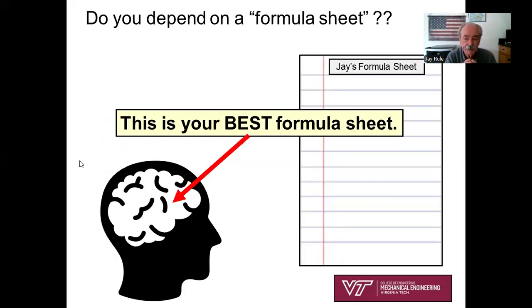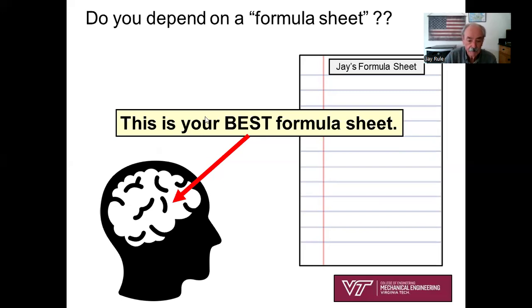Another thing you might have picked up on in this solution is that the key to success in this class is not simply thinking that you're going to be applying formulas that are given to you or that you're fishing out of the book. Some sections will be allowed to use formula sheets. I don't recommend that, but that's okay. If you're allowed to use a formula sheet, you should.